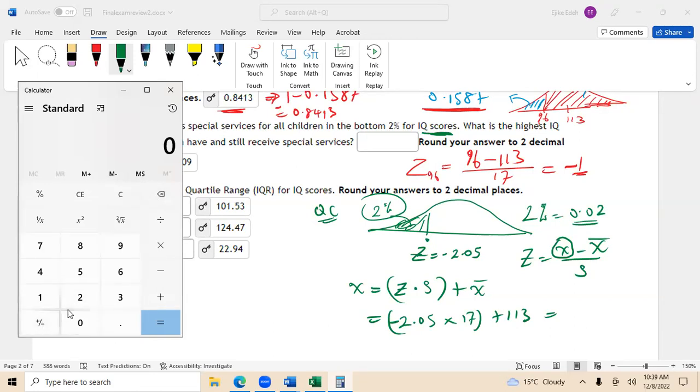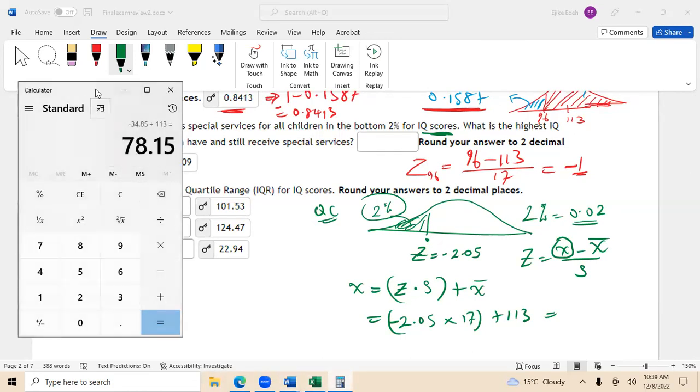So 2.05 negative, right? And I'm multiplying this by 17. I have that value, right? And I'm going to add 113 to it. I have that value. So I have 78.15.